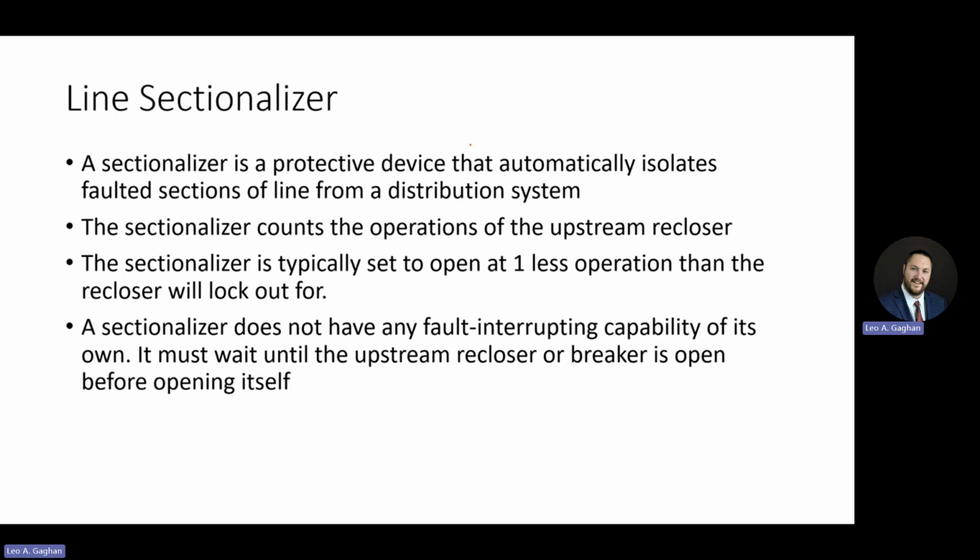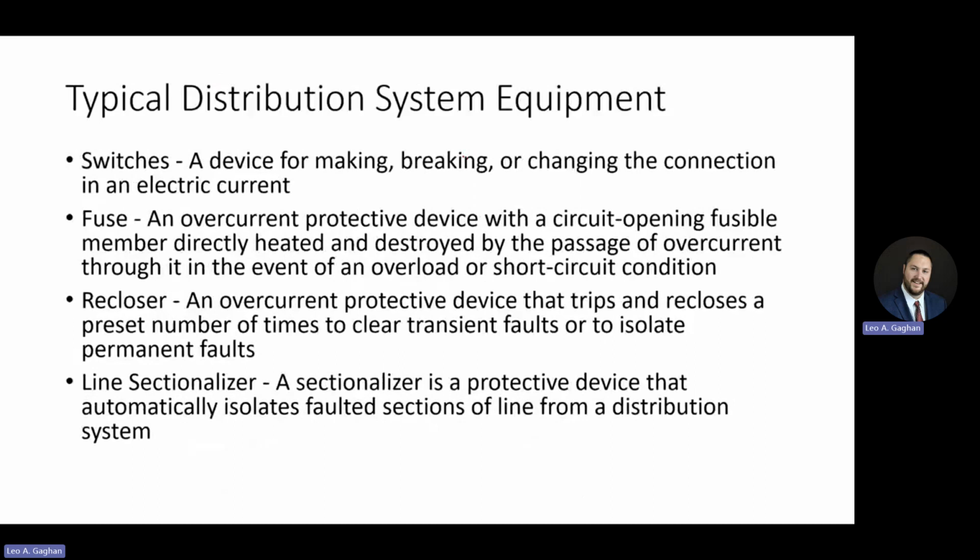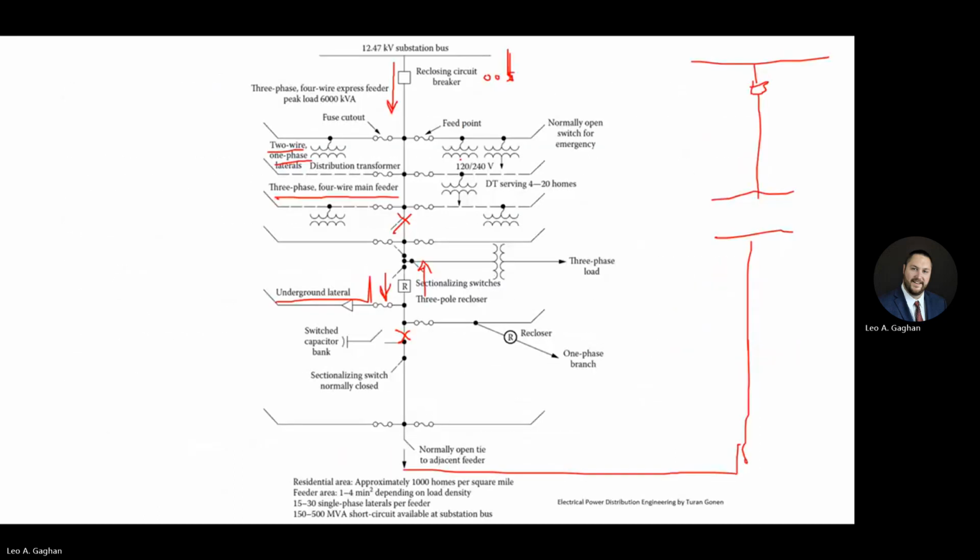So let's go way back. I can erase all of this. I don't think I can. But let's say we've got a breaker, got a sectionalizer, then that goes on to a bunch more load.